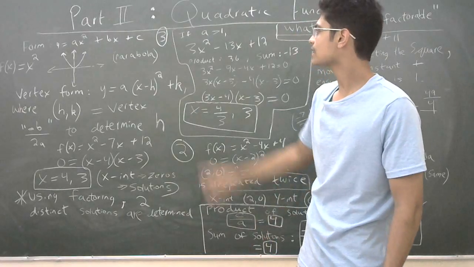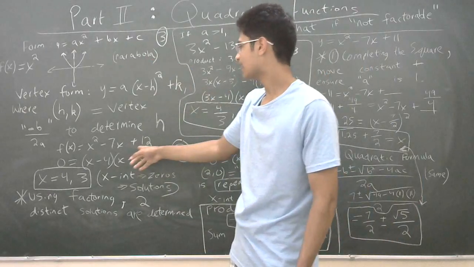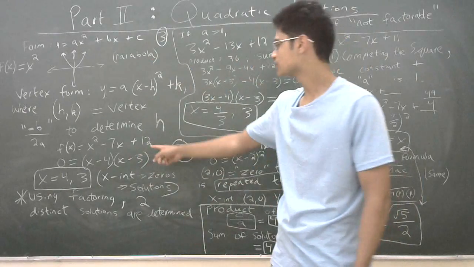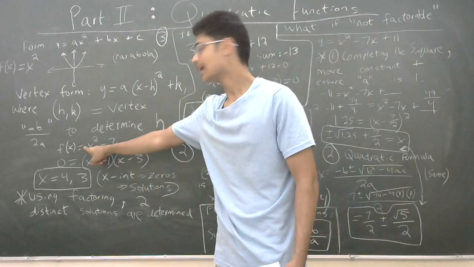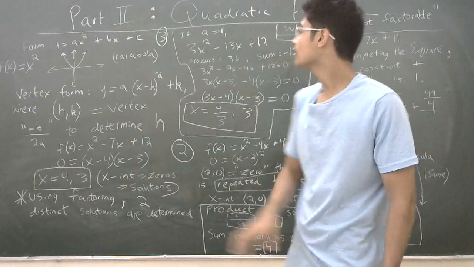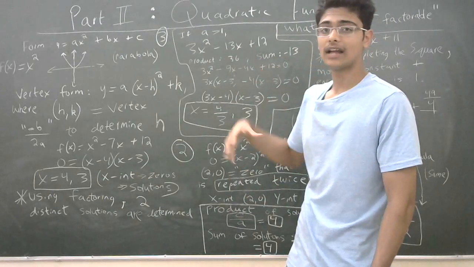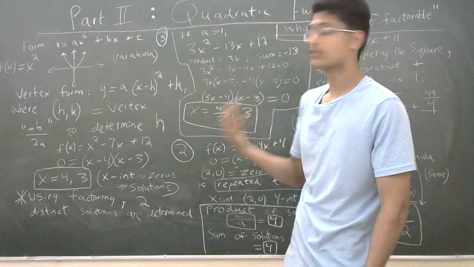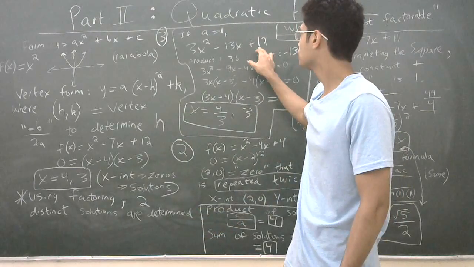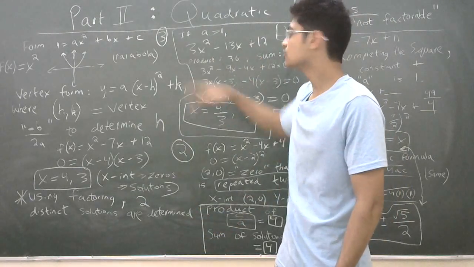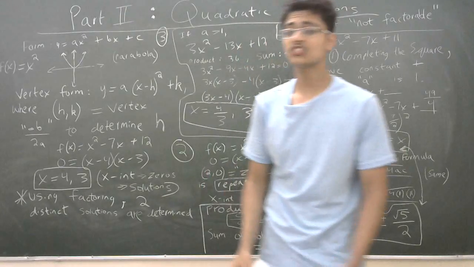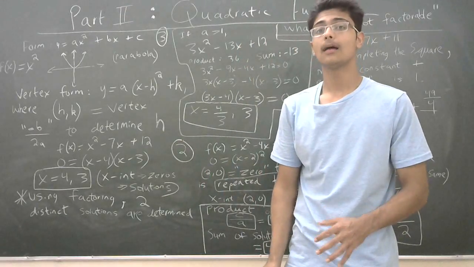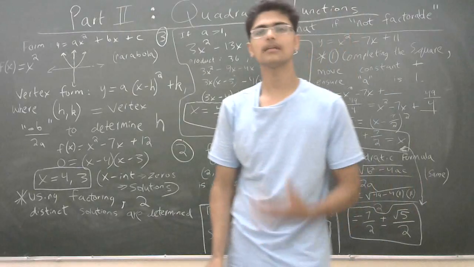In the previous one, I said the product is 12, which was c. Really what I did was 12 times a, which gave me 12. Similarly here, to find which two numbers have a product of 36, I'm multiplying 12 and 3. Essentially you're multiplying c by a to determine the product.